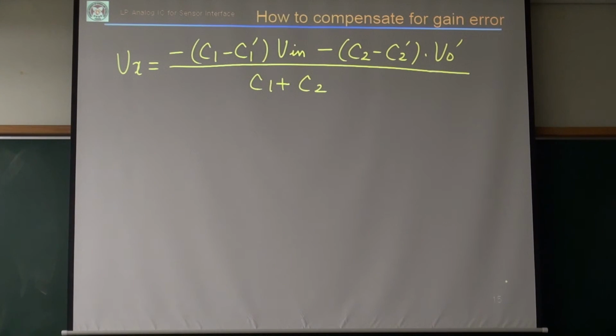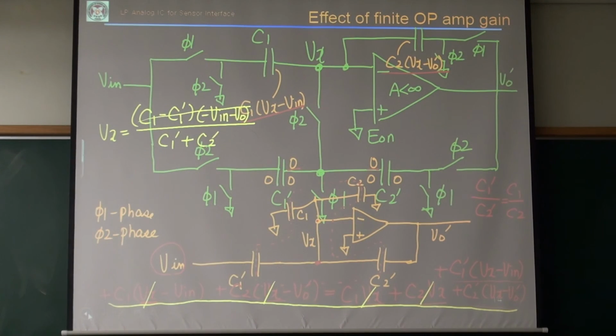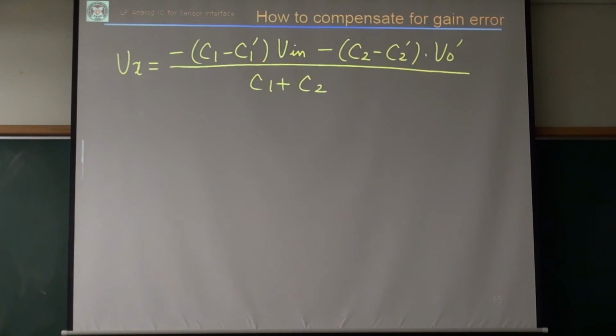But I don't have a gain error yet, right? So actually, what's the gain error? Did I use a gain error equation here? So this voltage should be the gain error. My Vx should be the gain error, right? So I must equate my Vx. Where is my Vx equation? Here.